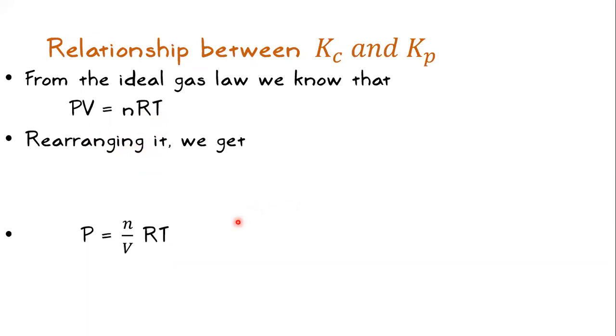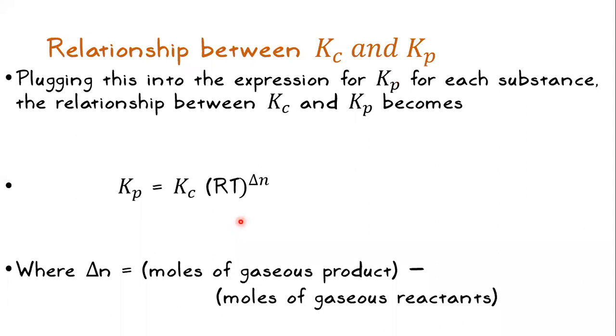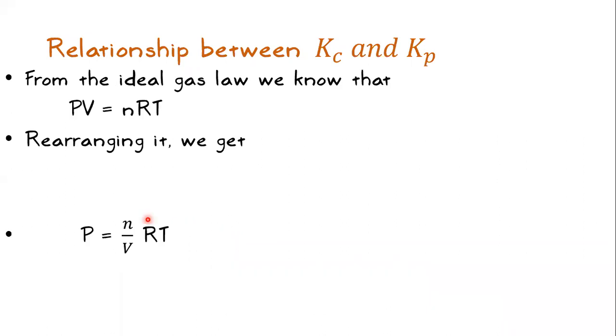So with this in mind, we can then express Kp, the equilibrium constant in terms of pressure, and Kc using this equation. We know n over V gives us concentration, right?